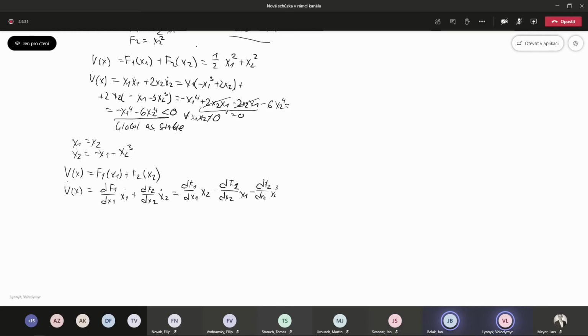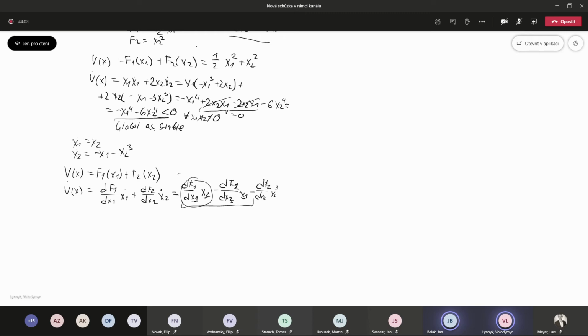Yes, we need to eliminate this part, because here it's df2/dx2 x2 cubed, but this part depends on x2 and here x1 x2, and we need to eliminate this part.